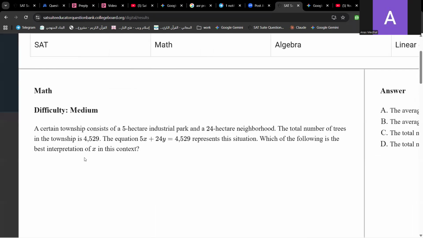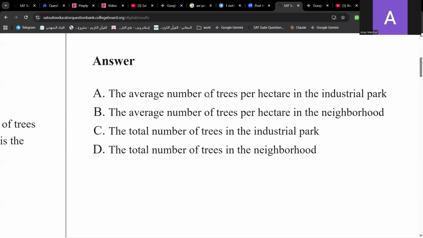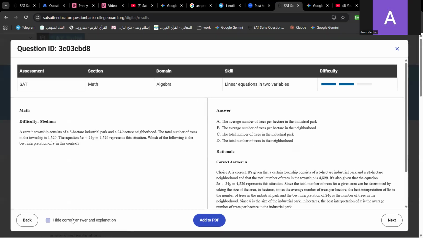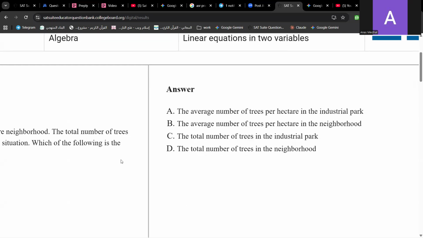It's asking about the x, so x is for the 5 hectares. Not the total, the total is 5x. It should be per hectare in the industrial park. It should be A. Yes, the average number of trees per hectare in the industrial park.